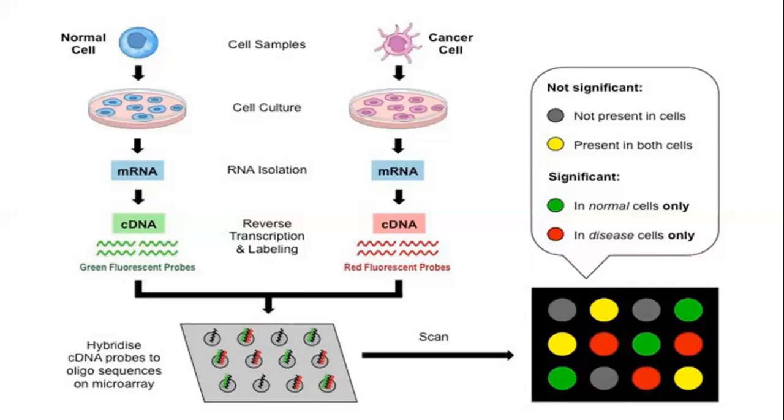But the significant data is that the green one signifies that the normal cells contain it, and the red one signifies that the diseased cells, malignant cells or tumor cells contain it. So from this data you can screen several types of DNA, and also you will get the similarity between the DNA fragments.